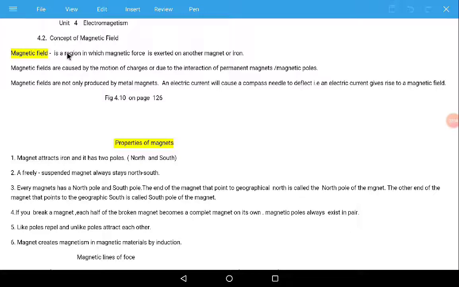If it is a repulsive force, north or south, the force between these two magnets is repulsive. So the region or space between this force is what you call magnetic field.